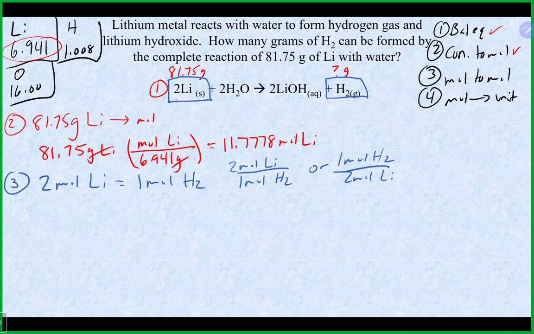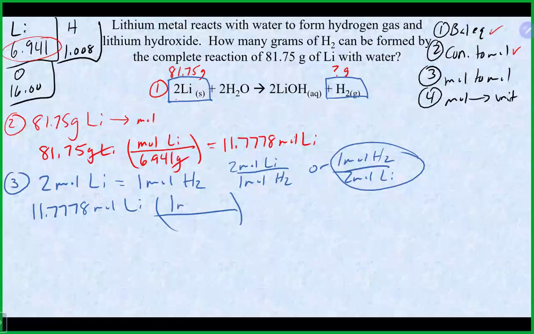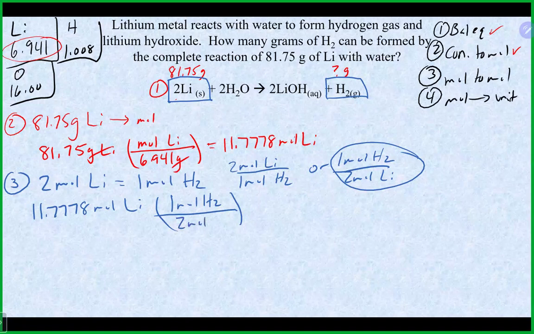Once again, here we're going to grab really the one that's going to work for us. So we do want to get rid of lithium, which is on top. So we will need lithium on the bottom, which is this conversion factor here on the right. And we're going to do 1 mole of hydrogen on top, which is going to get us the hydrogen, which is what we're looking for.